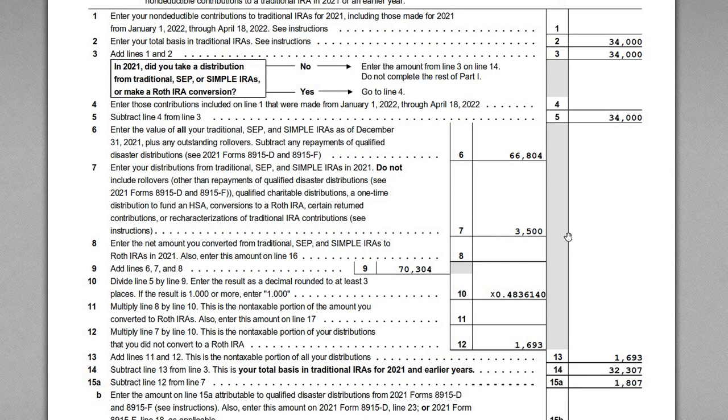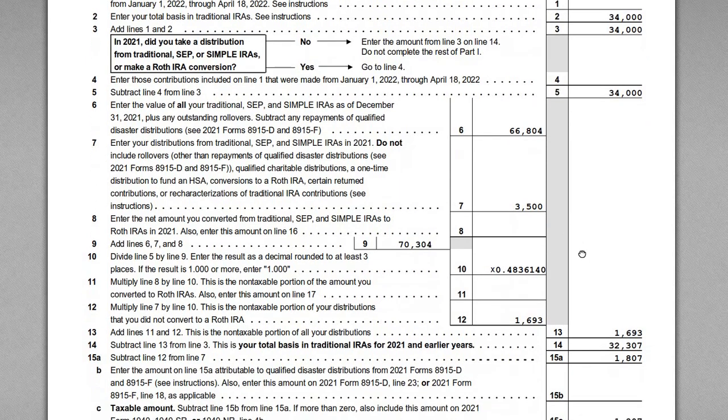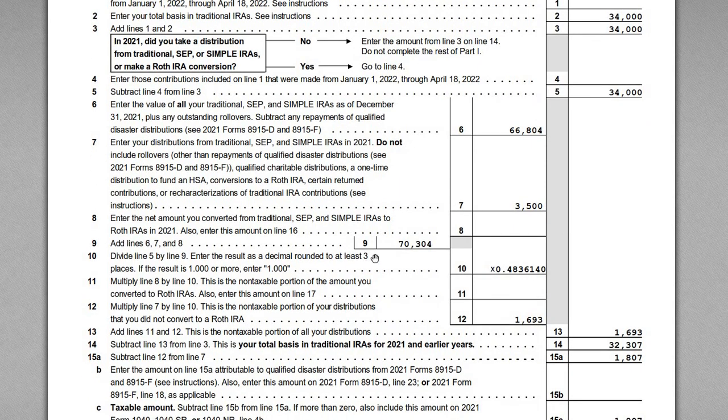That should reconcile with the 1099-R that you received from the custodian. And now we just complete the rest of the worksheet, and a lot of it is just simple math. So we add up the total value here on line 9, which is basically taking the fair market value on line 6, adding back the cash that came out during the year, and that's the total, let's call it fair market value at its peak during the calendar year.